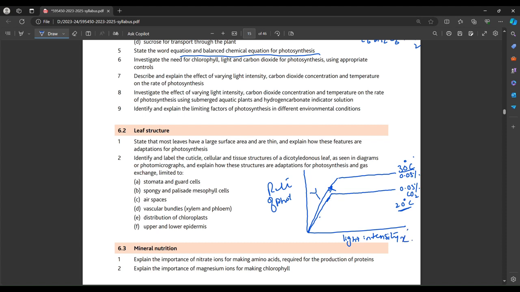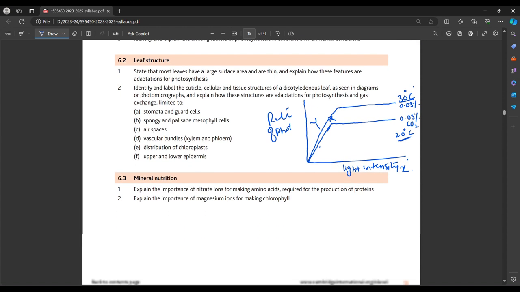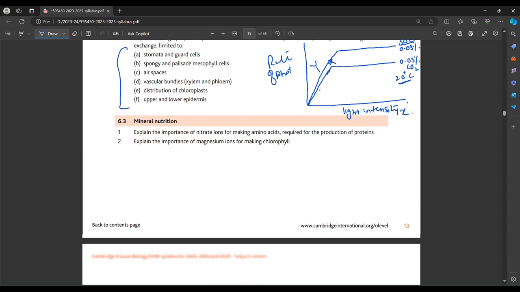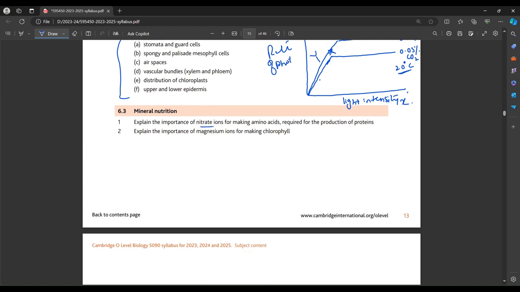Okay. Now, stomata, guard cells, spongy and palisade mesophyll cells. Nitrate ion is essential for making amino acids, which are required for the production of protein. Therefore, if there is a deficiency of nitrate ion, there will be poor, stunted growth.